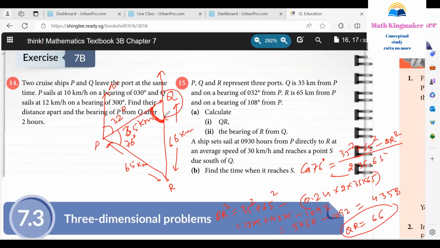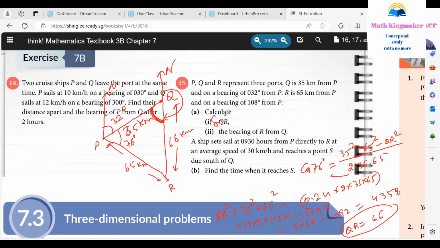No, it is not 32, it is not a parallel line. This QR cannot be parallel to that because it is north. In the figure it looks like the same line, but it is not. Nearly it would be around 30 or 31. So you just have to calculate this Q angle with the help of the sine rule.